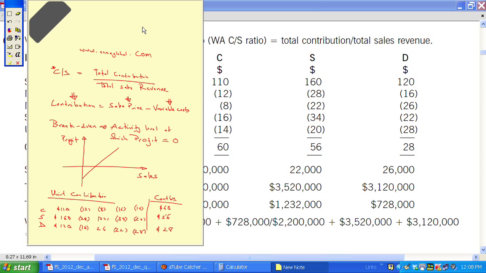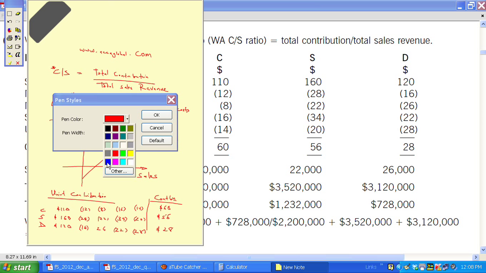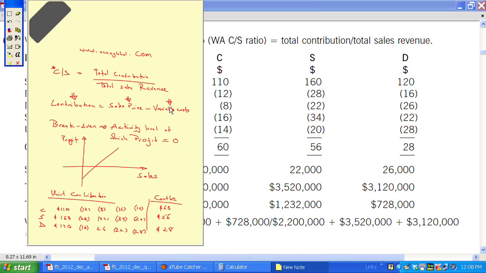Nothing unique, as you can see. Really straightforward. We've been able to get the unit contributions: 60, 56, and 28.